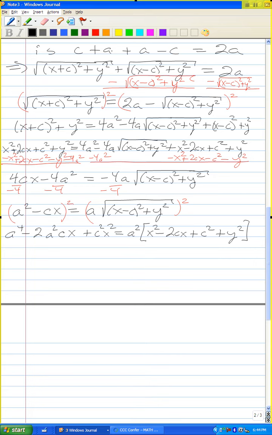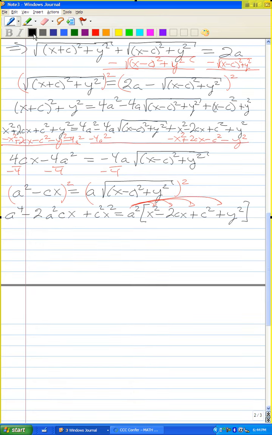And let me multiply the a squared inside the parentheses. And so I get a to the 4 minus 2a squared cx plus c squared x squared equals a squared x squared minus 2a squared cx plus a squared c squared plus a squared y squared.